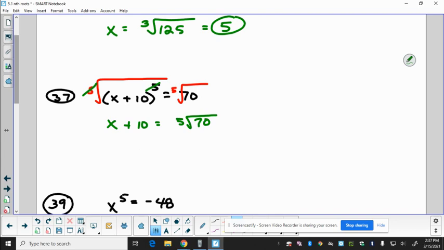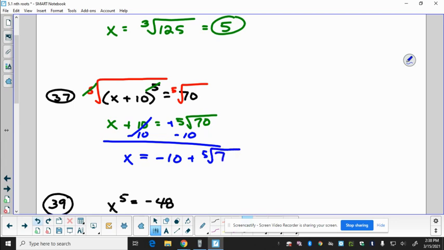It's some kind of irrational number. It's a decimal. So let's subtract 10 from both sides. So x is going to be approximately, actually, I shouldn't put approximately. X actually equals negative 10 plus the 5th root of 70.